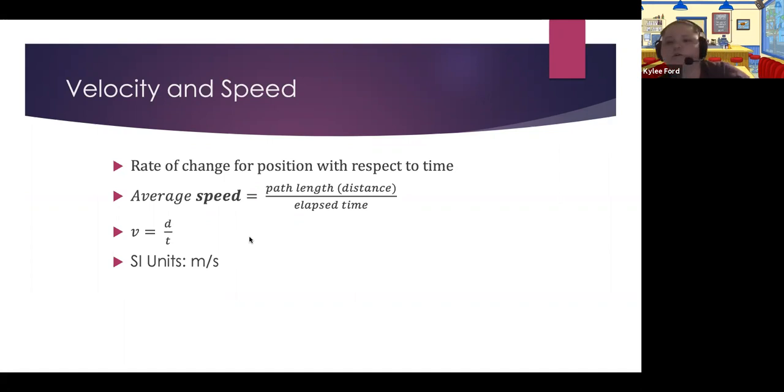So our speed, we are just going to remember that it is a scalar quantity. Speed is scalar. And our SI units are then going to be meters per second.